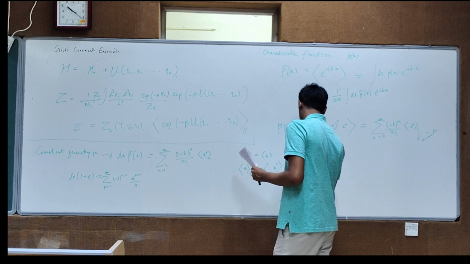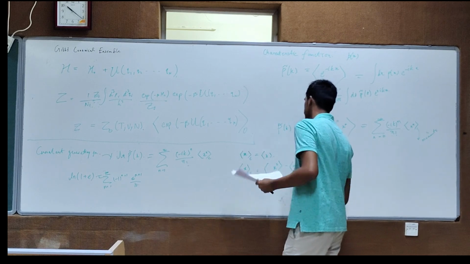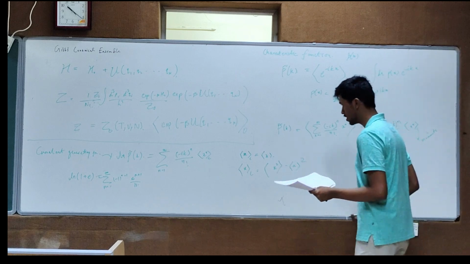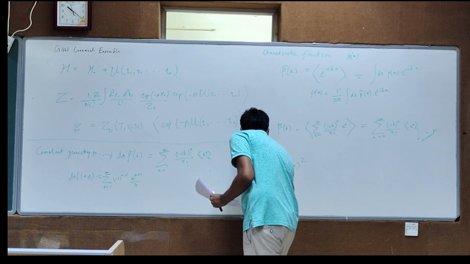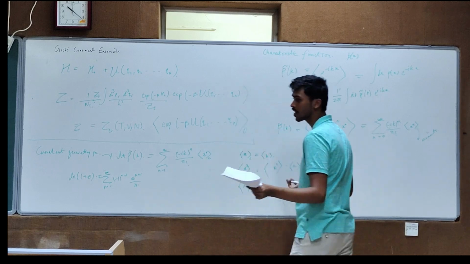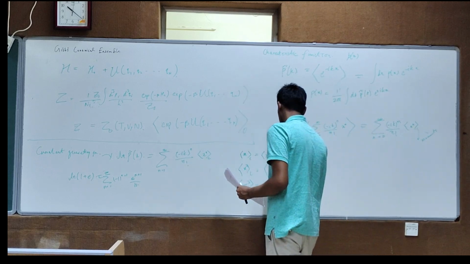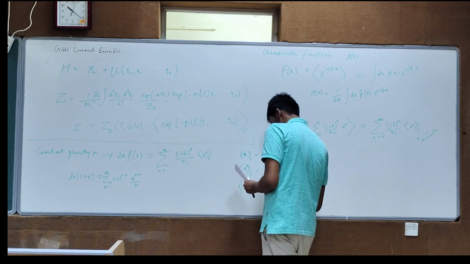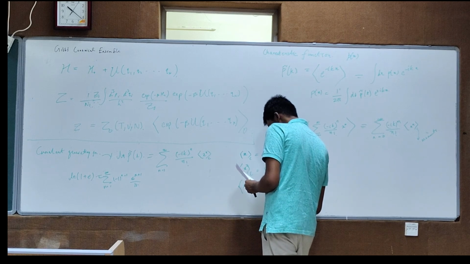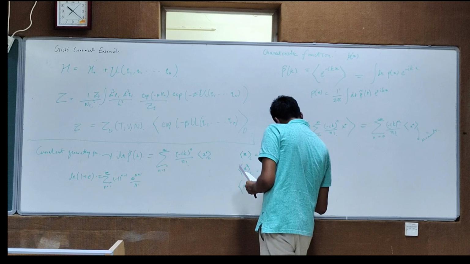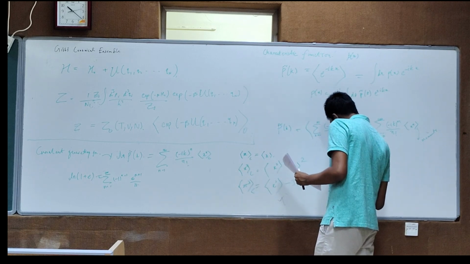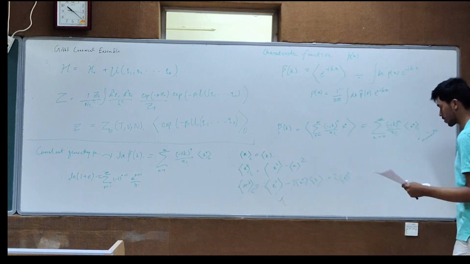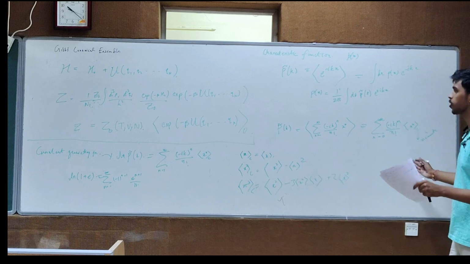which is this in terms of the moments. The third cumulant is called the skewness. This comes out to be, and so on.